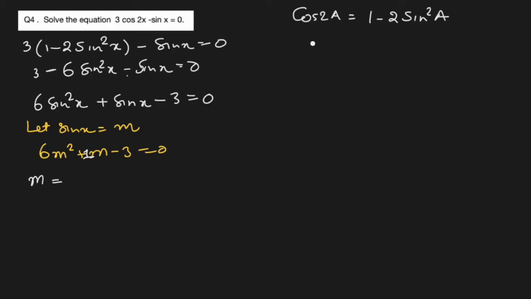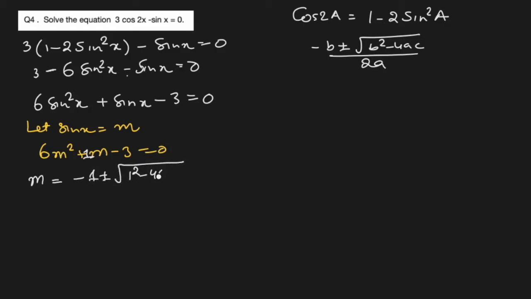So the quadratic formula is what? Minus b plus minus the square root of b square minus 4ac, over 2a. So it will be minus 1 plus minus the square root of 1 square minus 4 times 6 times minus 3, over 2 times 6.